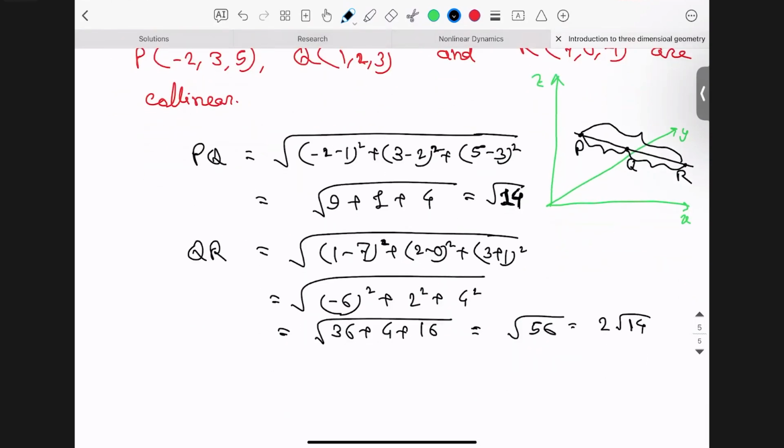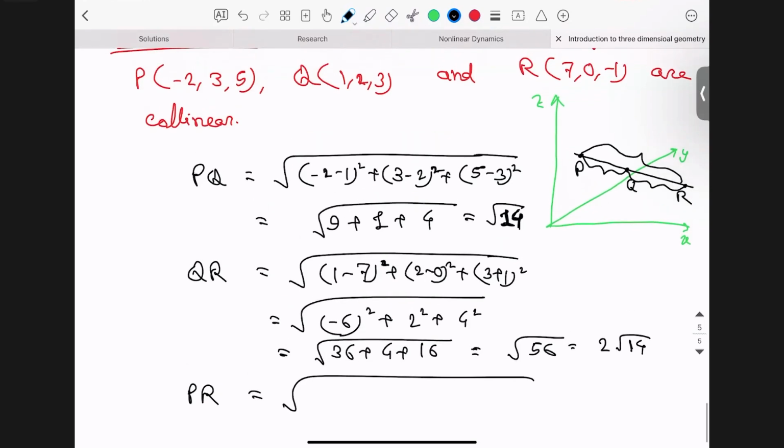Okay. Now we are left with P and R. What is PR?